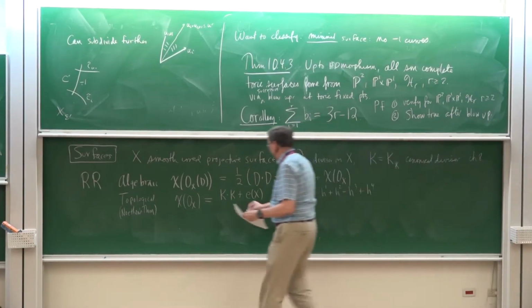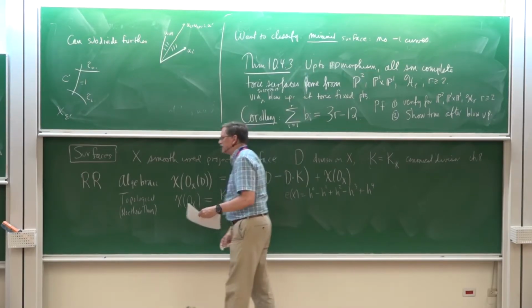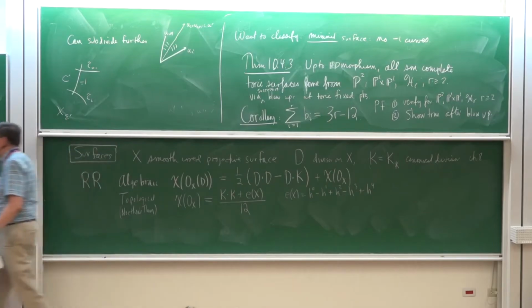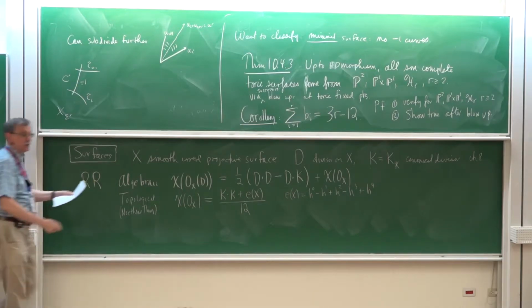And so anyway, it's that divided by 12. And one small hint of coming attractions is that 12 is a good number.